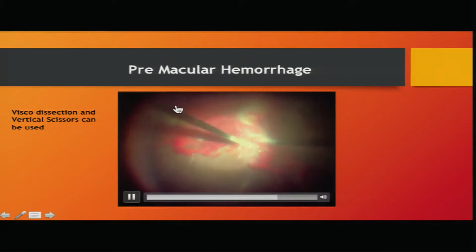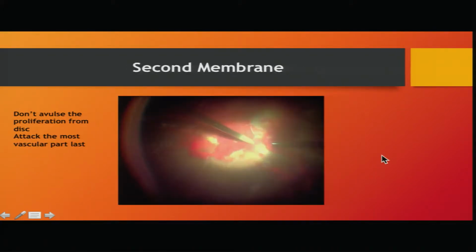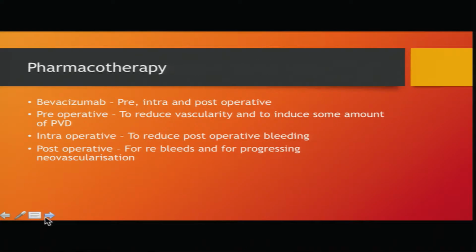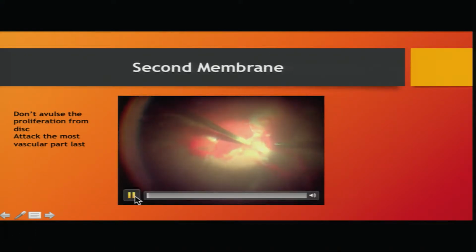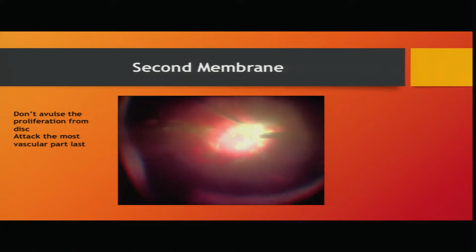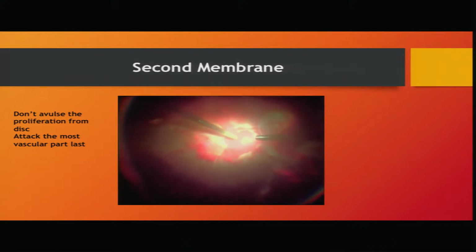Then there is a layer of blood over the macula. You can try with the flute, and most of the time what happens is, if the blood is not coming up very freely, always look for a second membrane. You can see there is another layer under the hyaloid.